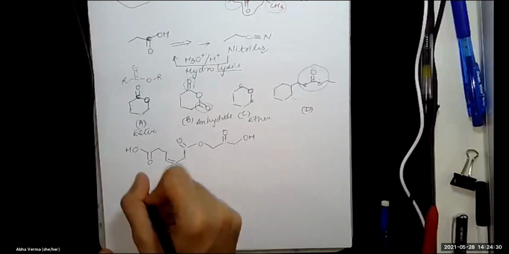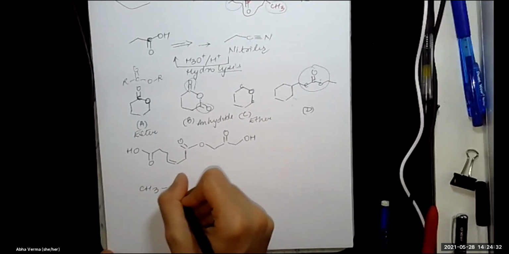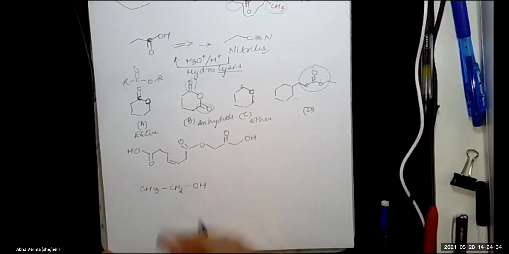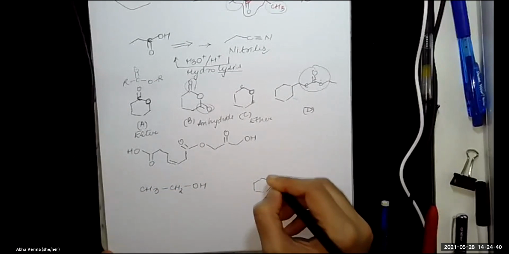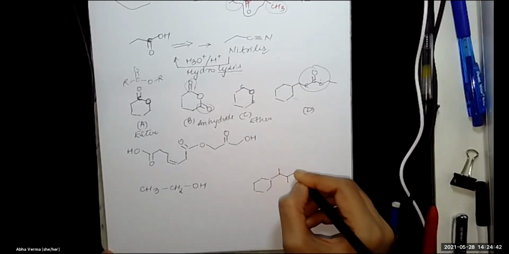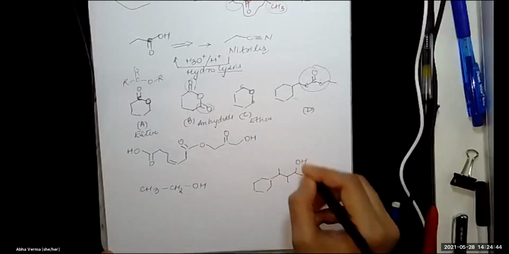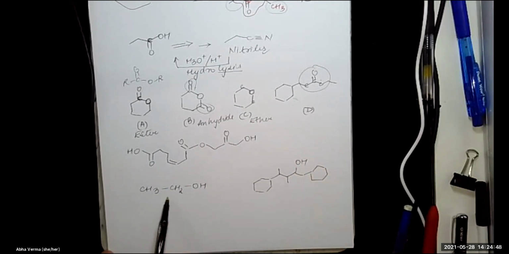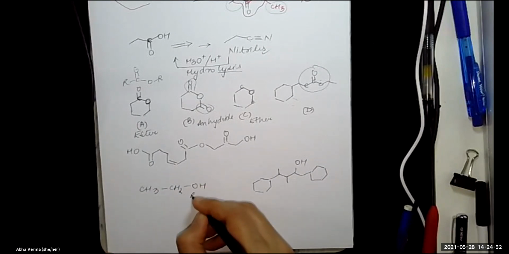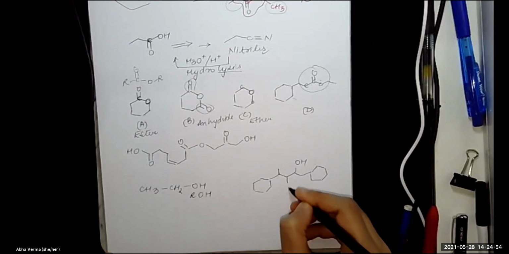All of your alcohols, whether you have a 1-OH or a super branched structure, both of these structures have the general formula ROH.